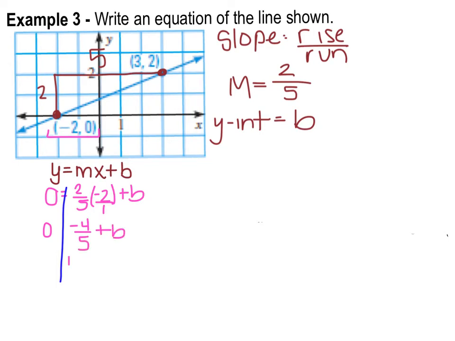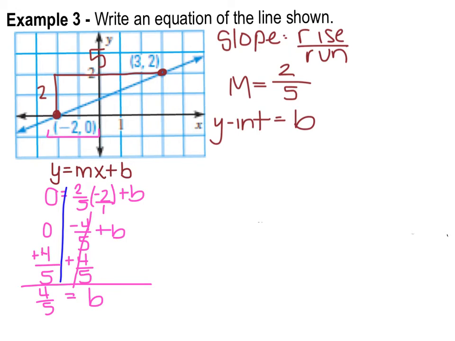And to get b by itself, I'm going to add 4/5 on both sides. And now those two are going to cancel, and I'm left with b. 0 plus 4/5 is still just going to be 4/5. And so now I have my y-intercept.